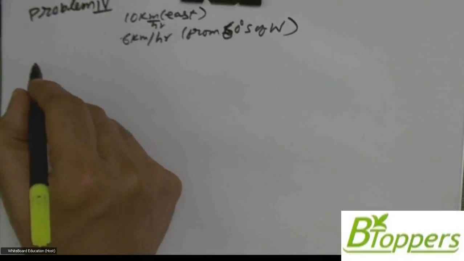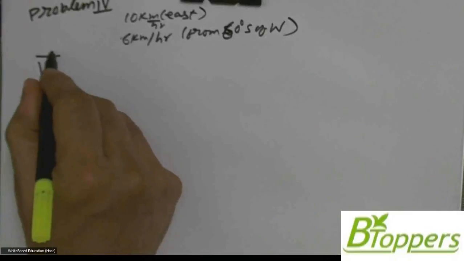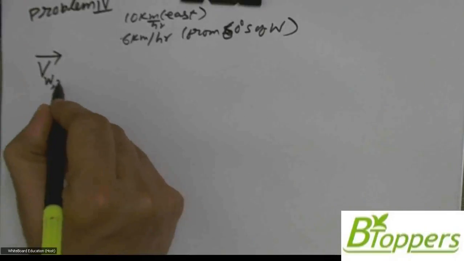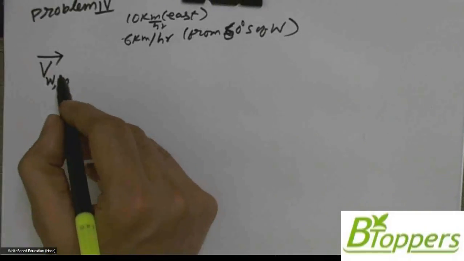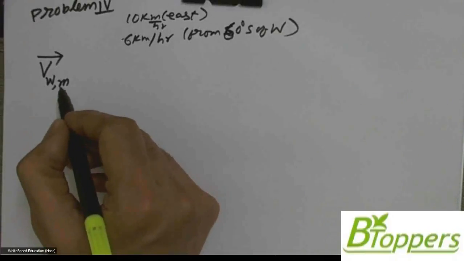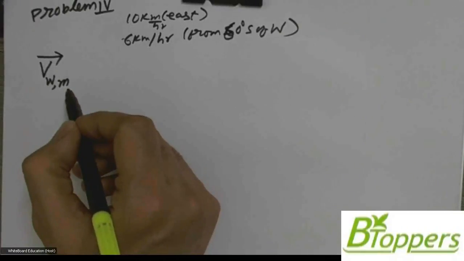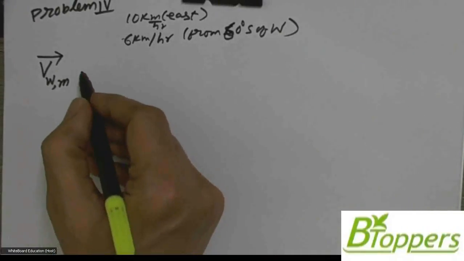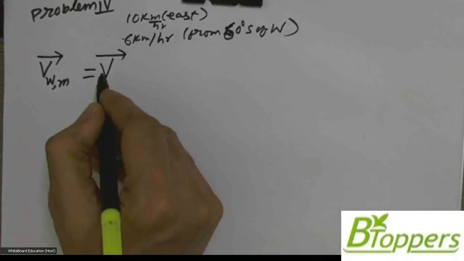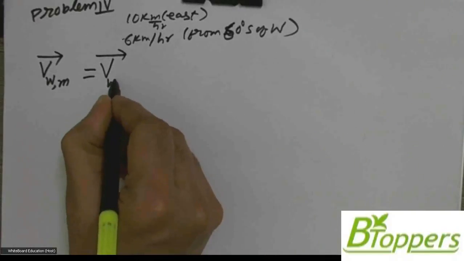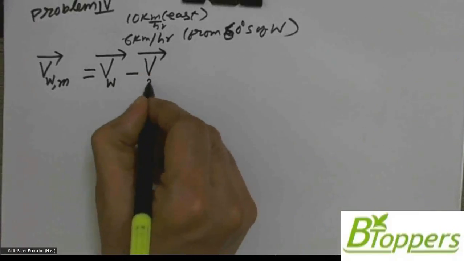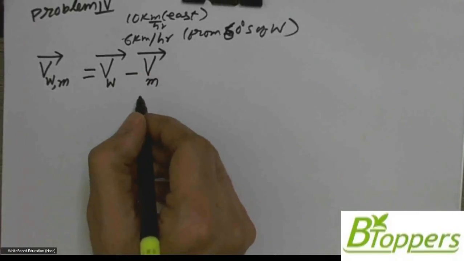Now relative velocity of the wind with respect to the man, I denote it by V bar subscript W,M. That can be written as vector difference of actual velocity of the wind and velocity of the man.